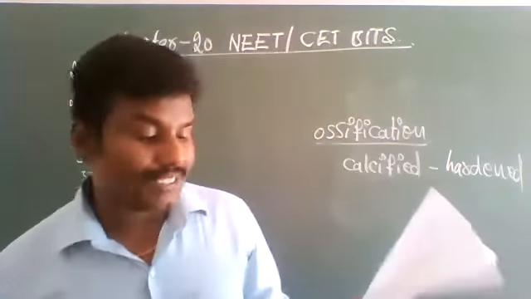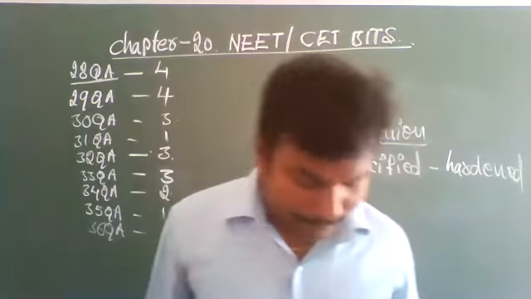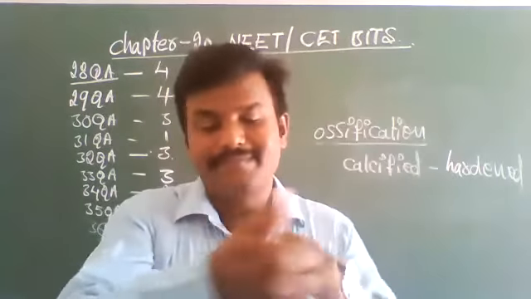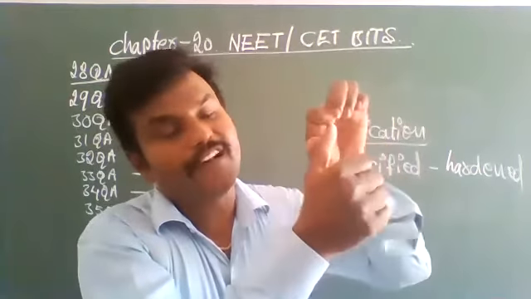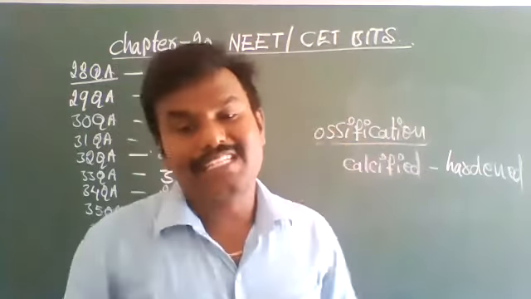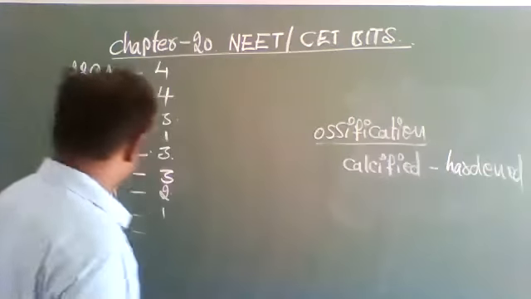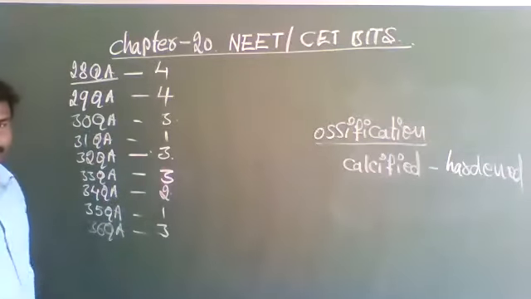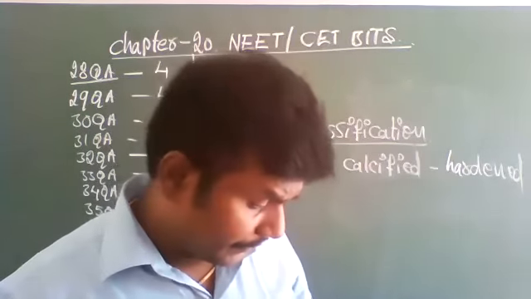Let us see fourth, saddle joint. Saddle joint is between carpals and metacarpals of the thumb. So according to the question, the correct option is third.